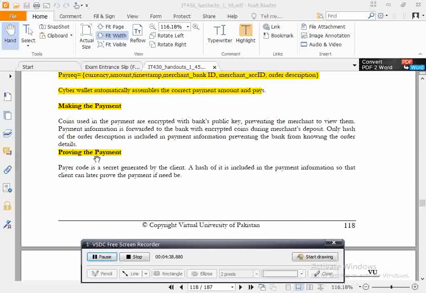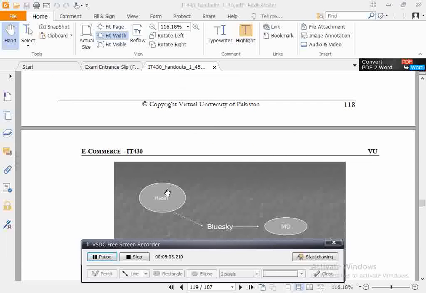Proving the payment: a pair code is secret, generated by the client, as a hash of it is included in the payment information so that the client can later prove the payment if need be.